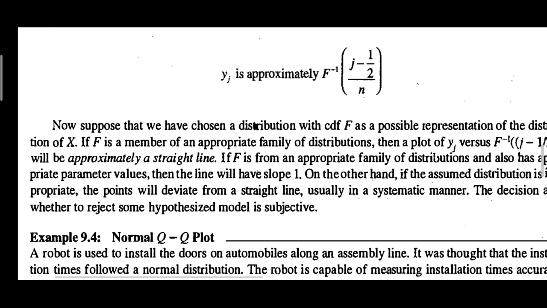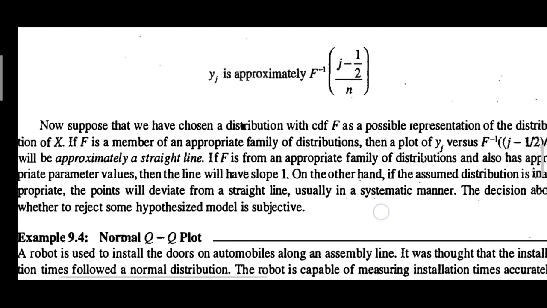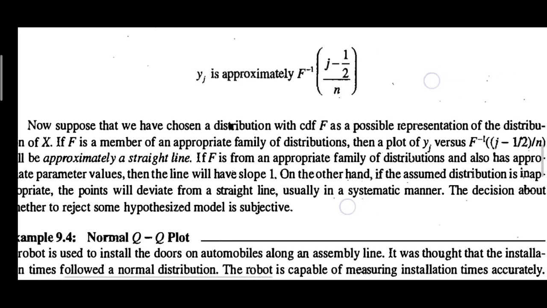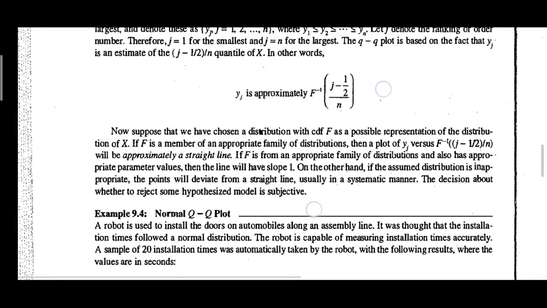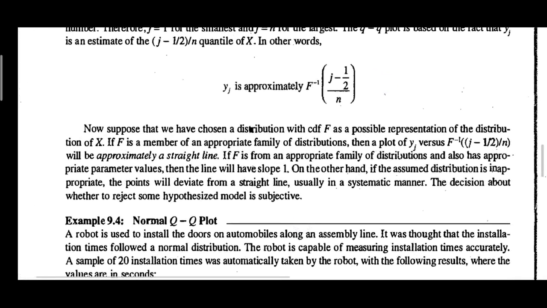If F is from an appropriate family of distribution and also has appropriate parameter values, then the line will have slope 1, in the sense that it will pass through the origin, a straight line at almost 45 degrees.